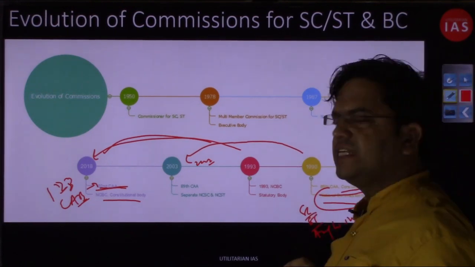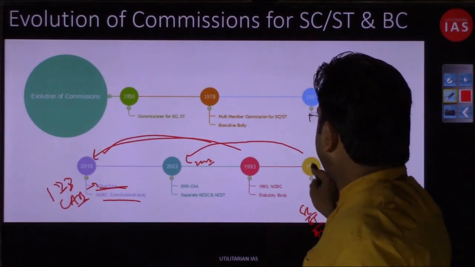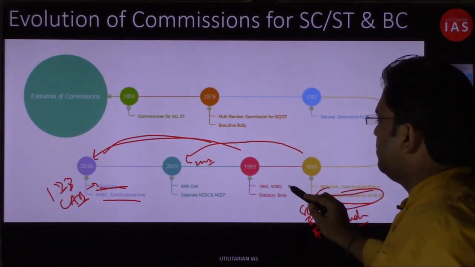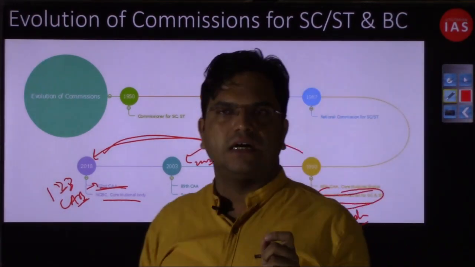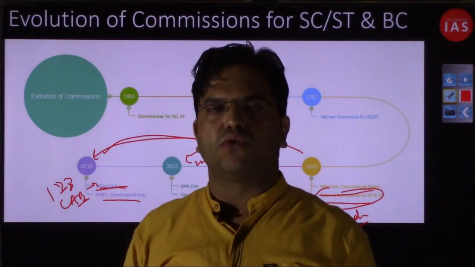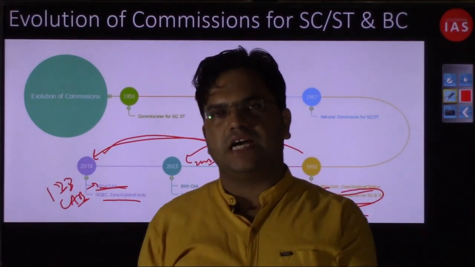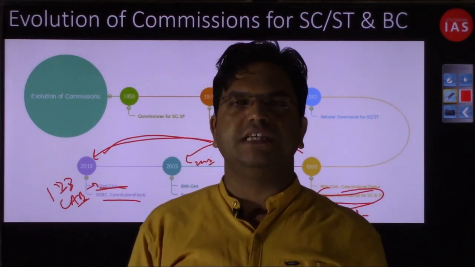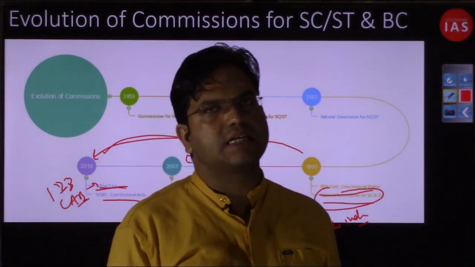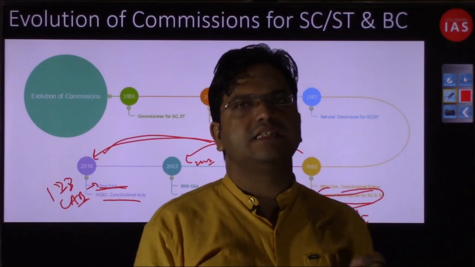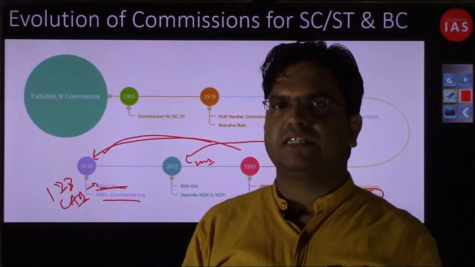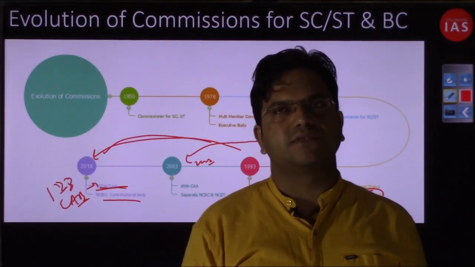Now you will notice that in 2003 this body was separated, considering that the sensitivities, the demands and the requirements of SCs are totally different from those of STs. SCs have remained an integrated part of the mainstream, but STs have different sensitivities. They are not connected to the mainstream society.